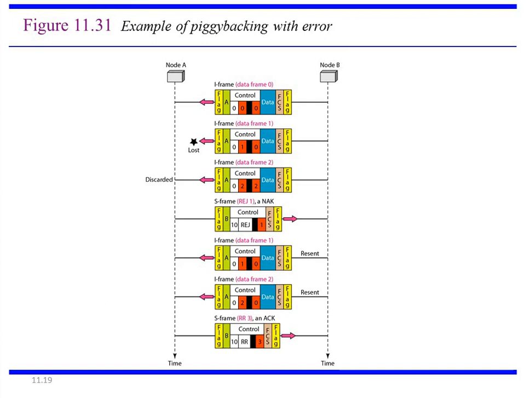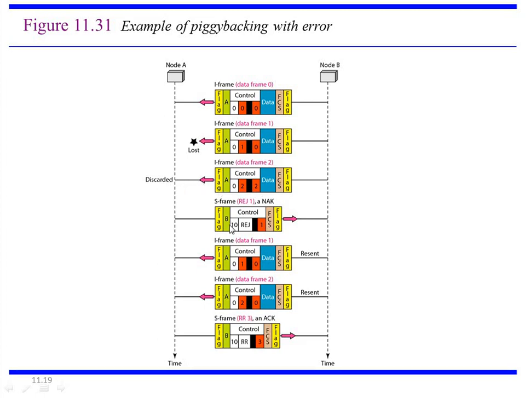Now this is piggybacking with error control. So here you can see the different control information. You will be sending the information with 00, and the 0th frame will be transmitted, the first frame will be transmitted, then the second frame will be transmitted, and it is asking for the second frame.